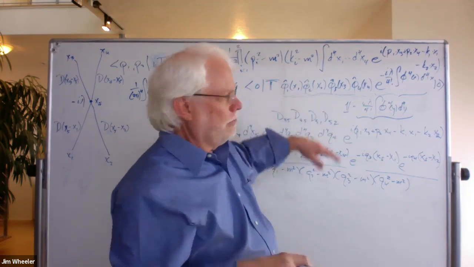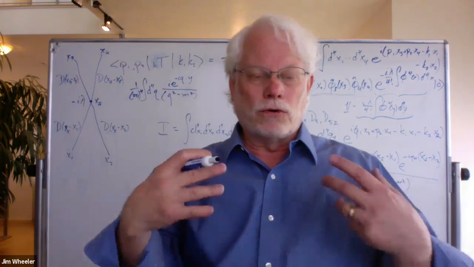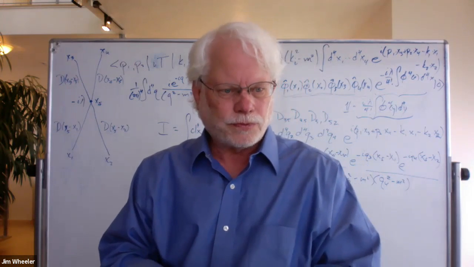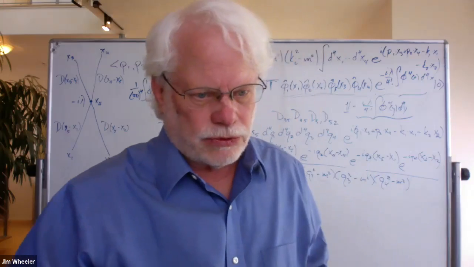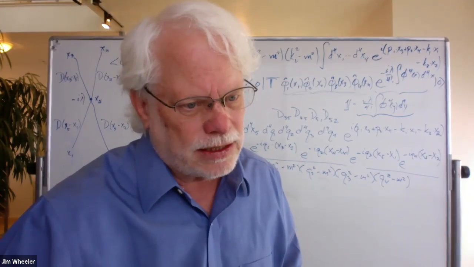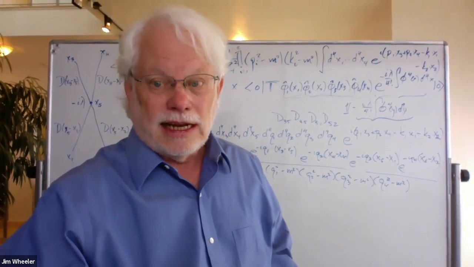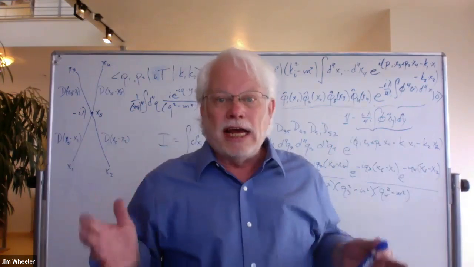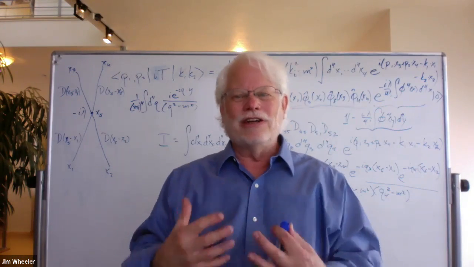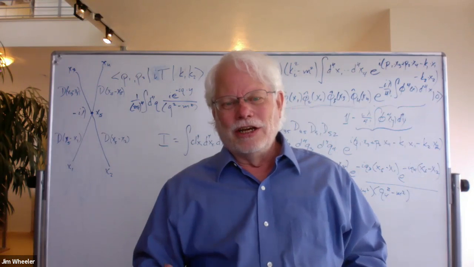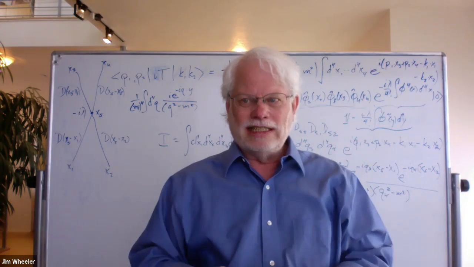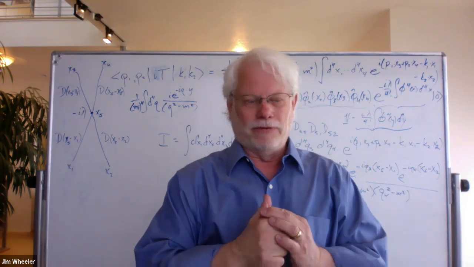But 2 of them were left over and give 0 for the ingoing or outgoing fields. Okay, so this is what we want to evaluate. I think I've correctly written the whole thing here. And now you just integrate like mad, right? Everything is going to either turn into Dirac delta functions, or you're integrating over a Dirac delta function. So all the integrals are easy. It's just a matter of keeping track of them.